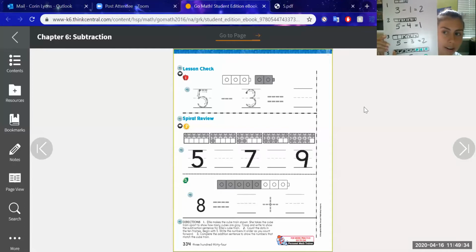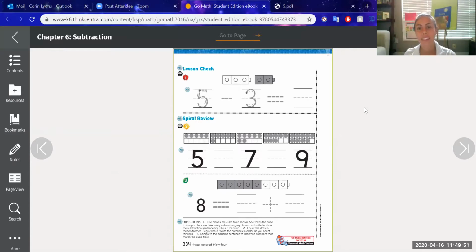There are 1, 2, 3, 4, 5 dark ones, and 1, 2, 3 light ones. So 5 plus 3 equals 8. Great job.